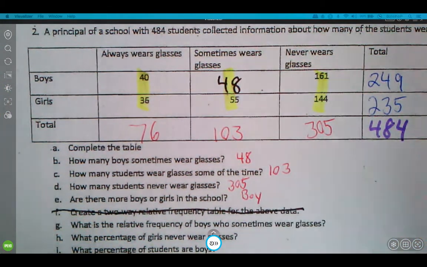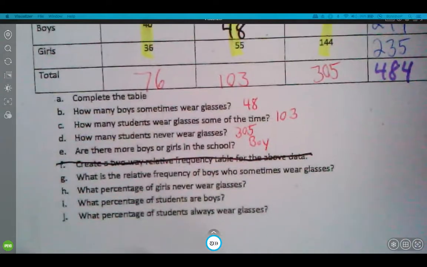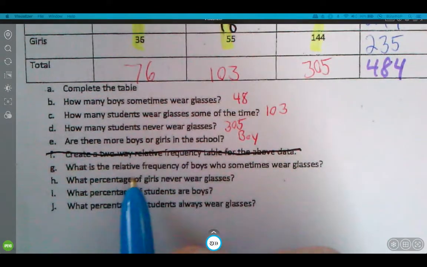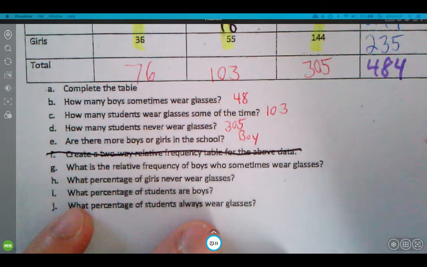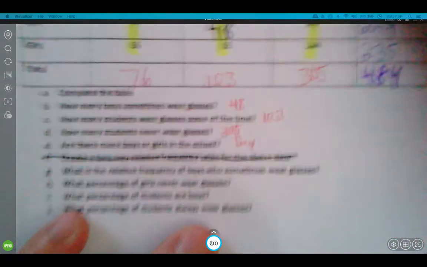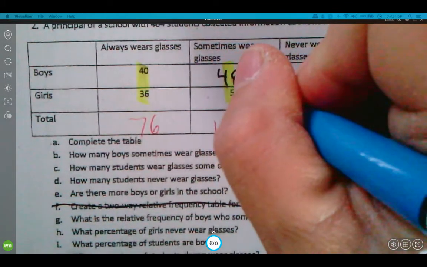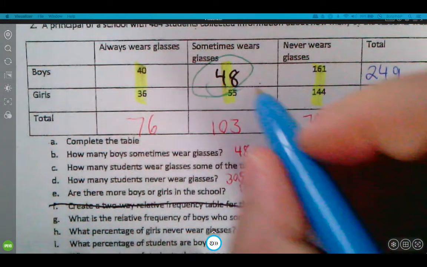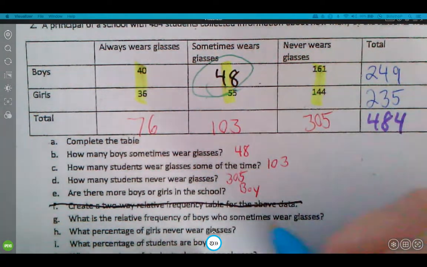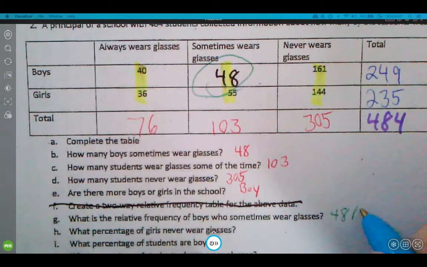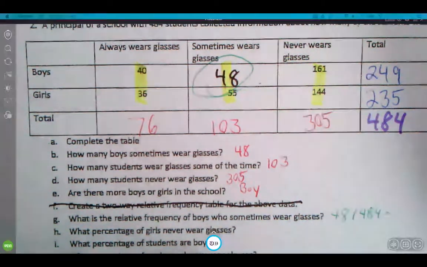Okay, let's try not to mess this up, and that will be the end of today's video reference. So, relative frequency of boys who sometimes wear glasses. Okay, they weren't specific, so I'm not going to mess it up this time. I'm going to do 48 sometimes wear glasses divided by 484.